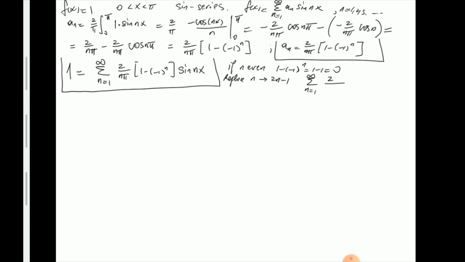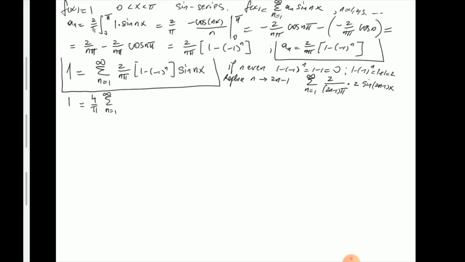So 2 over 2n minus 1 pi, 1 minus negative 1 to the 2n minus 1 becomes 1 plus 1, which is 2, right? Because minus 1 to the n is minus 1 if it's odd. So there's an extra 2 here, and then sine of 2n minus 1 x. So basically another version, and this 2 times 2 over pi becomes 4 over pi.